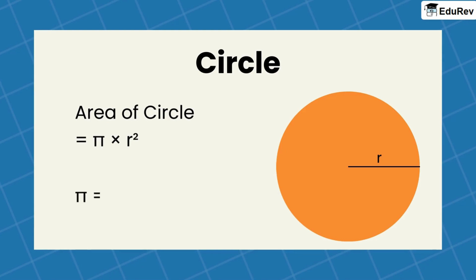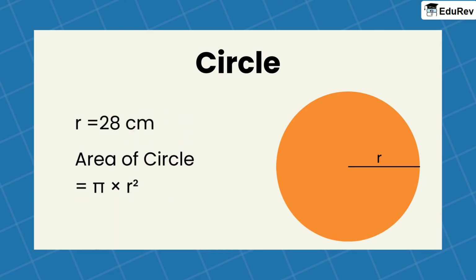Here, pi is a constant whose value in fraction is taken as 22/7 and in decimal it is taken as 3.14. If the radius of the table is 28 centimeters, the area can be calculated using the formula pi multiplied by radius square.